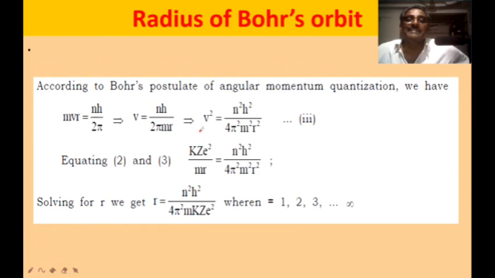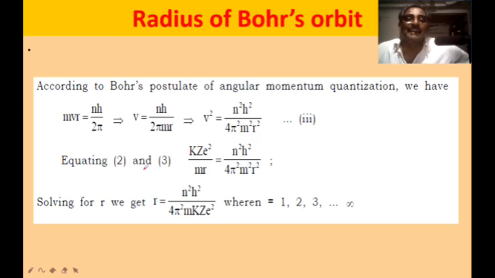But here the same v square is calculated in another way, from one of the postulates of Niels Bohr's atomic model, that is v square is equal to n square h square by 4 pi square m square r square. So both the values are equal.